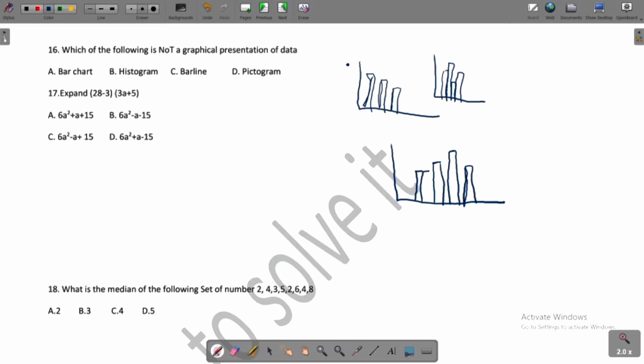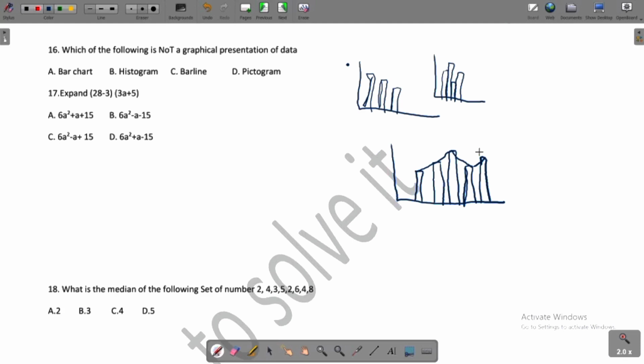Then you draw the bar line from something like this. You can have another bar here. Like this. So that's what a bar line is. If we're looking at the three of them, they are all graphical representations.